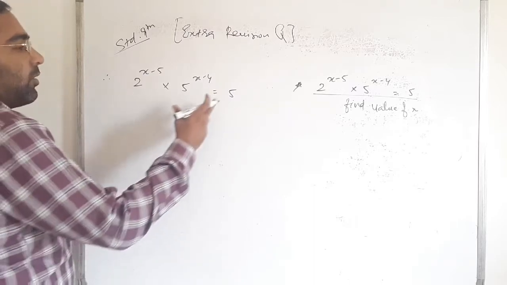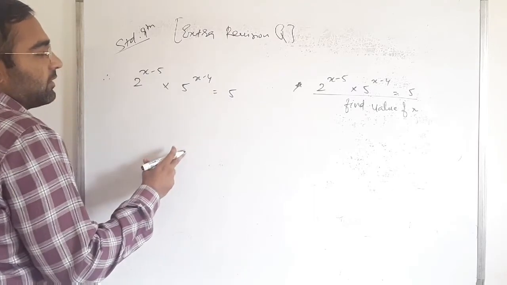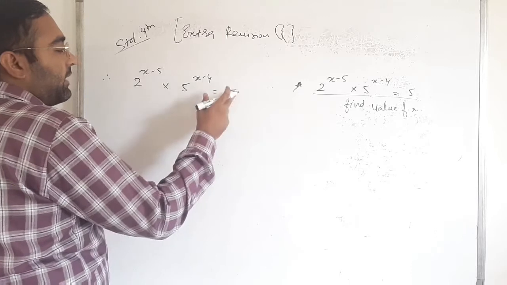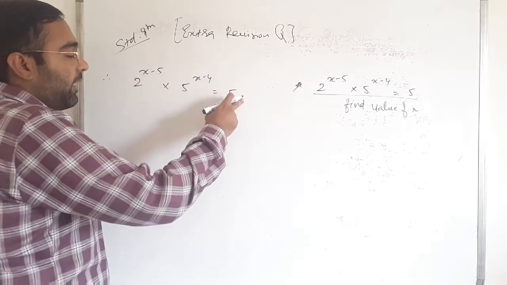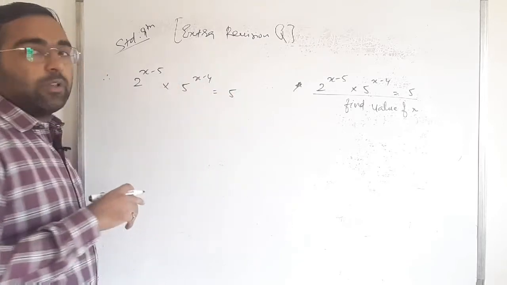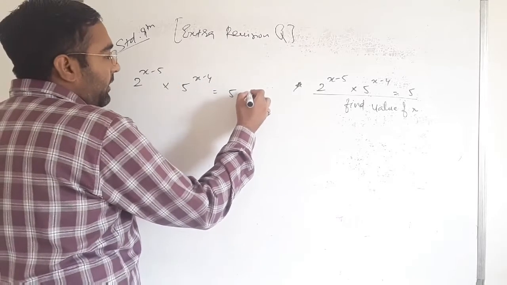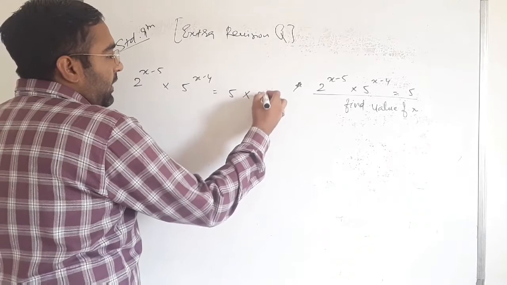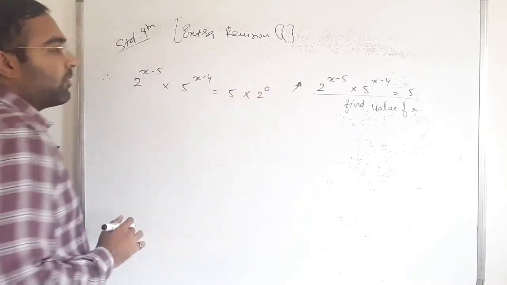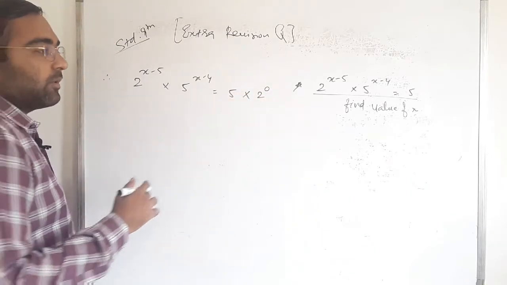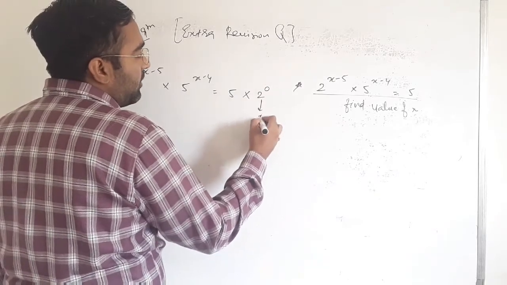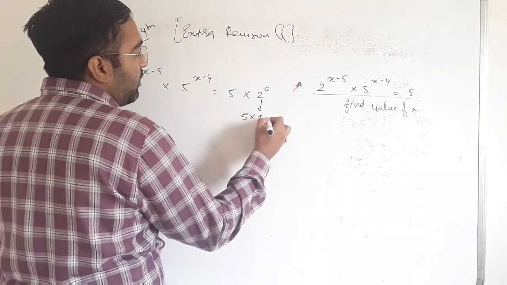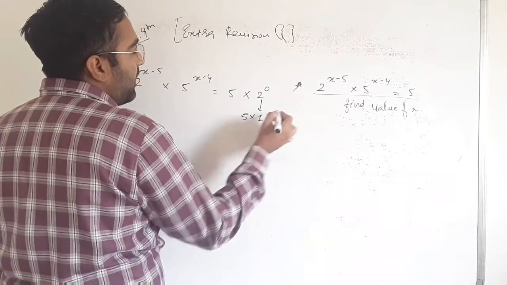Here only 5 is given as the same number, but 2 is also given, and on the right hand side 2 is not given. So I'll write 2 raised to 0. Why should I write 2 raised to 0? Because any number raised to 0 is 1. So 5 into 1 will always be equal to 5.